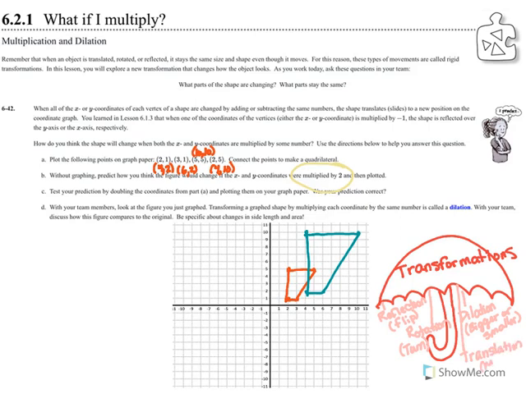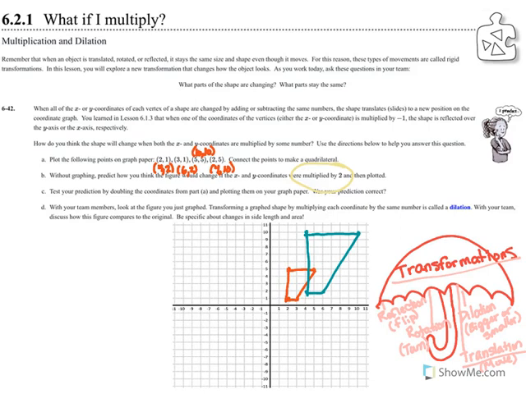And translations move it. So the reason I'm having you make this umbrella is because translation and transformation sound really, really similar. However, they're not the same thing. If YTOP or any kind of test or any worksheet asks you if a transformation has taken place, that means the image could have been reflected, rotated, dilated, or translated.